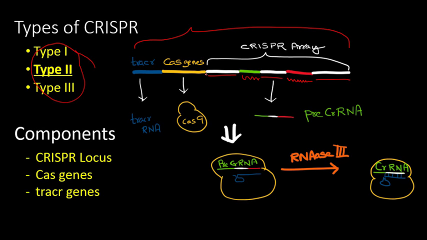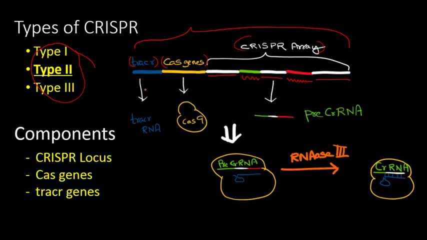Adjacent to the CRISPR locus, we have Cas genes or CRISPR associated genes, and near the Cas genes we have another set of genes called tracer genes.